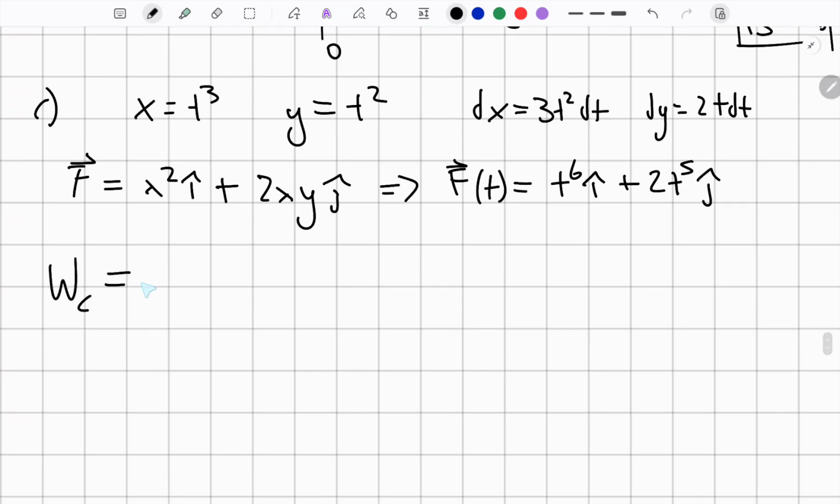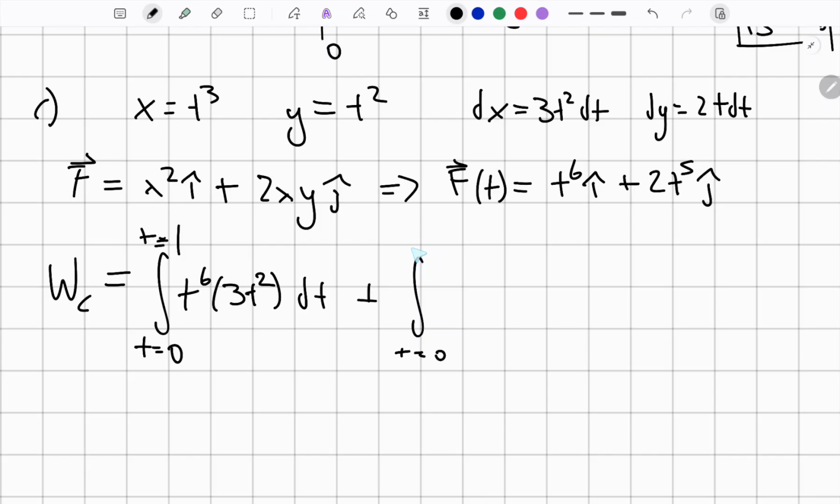Now we can go ahead and evaluate the same way we've been doing. The work along that path C is going to be the integral from t equals 0 to t equals 1 of, first we'll take our x force, which now is in terms of t, so t to the sixth times our dx, 3t squared dt, plus, we'll combine these all into one integral in just a moment, our y force times our substitution for dy, 2t dt.